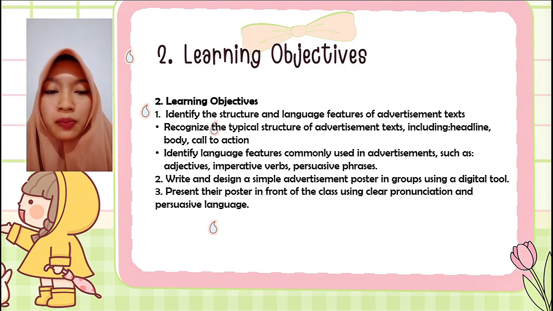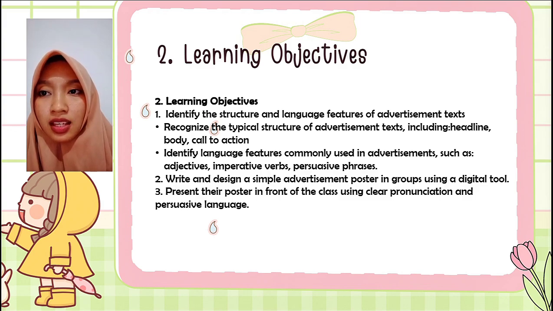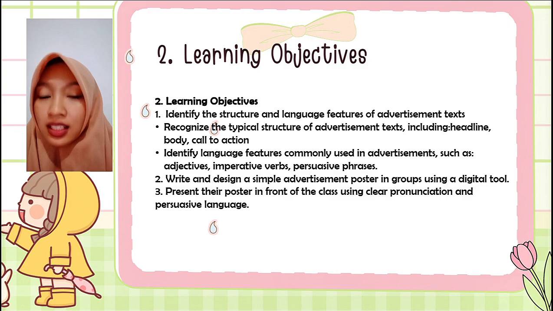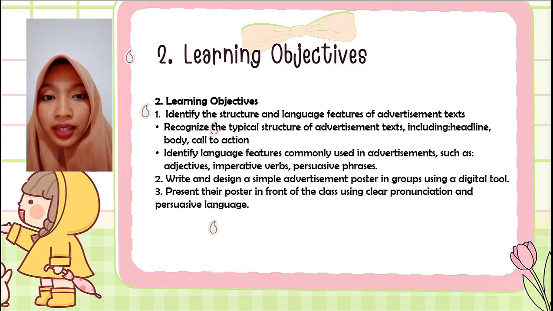And then I want them to make the poster with positive adjectives and imperative features. And then I want them to design a poster using a digital tool. That's the important thing. They can use Canva like I said earlier, or maybe another platform they are familiar with.